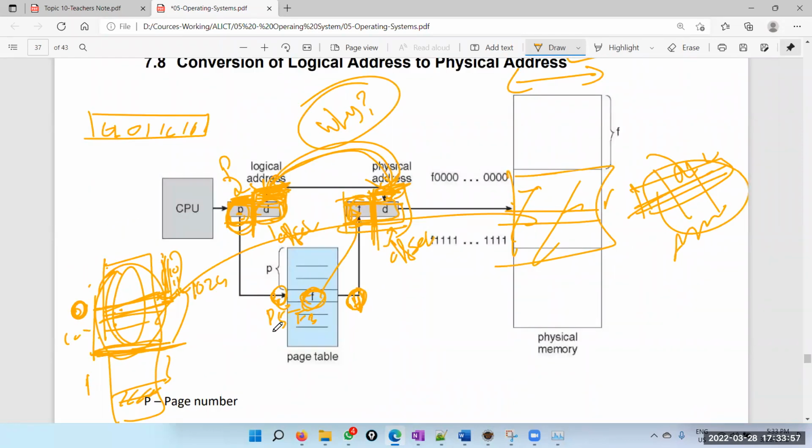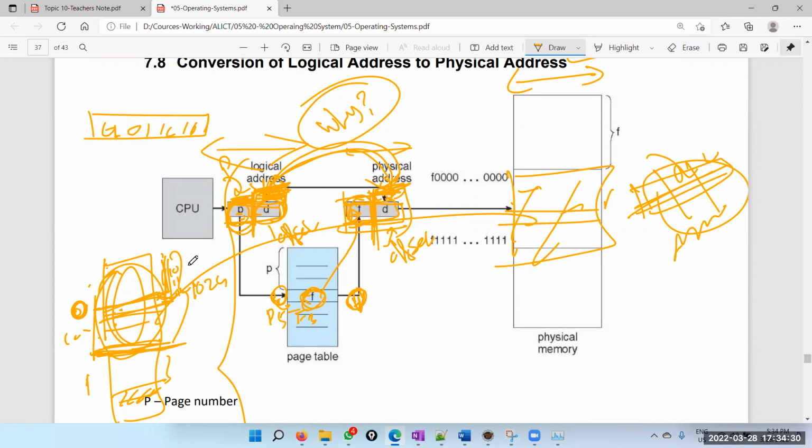Now we are done. And all the time, your logical address will be bigger and the physical address will be smaller, because we have fewer frames than pages. I told you that your program looks at it as the logical size plus virtual memory size, so obviously there are more pages. When you have more pages, you need more bits.